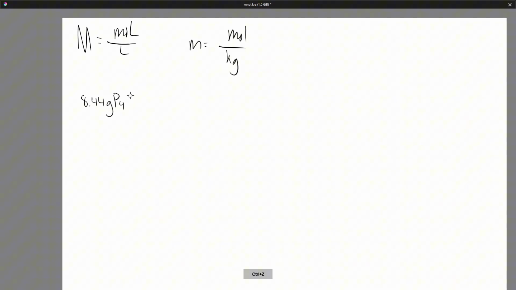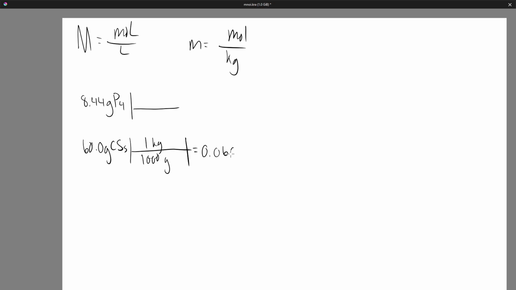The 60.0 grams of carbon disulfide is the solvent, what's dissolving the phosphorus, so that's what we convert into kilograms. It should be pretty easy, it's just kilograms from grams. So it'll be 0.0600 kilograms of CS2.